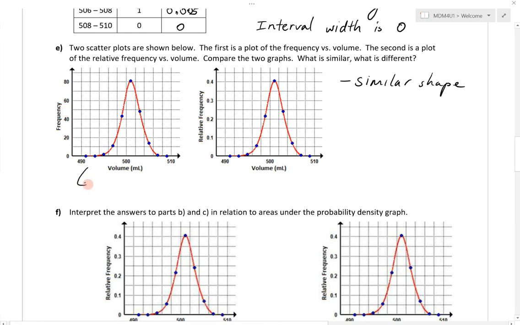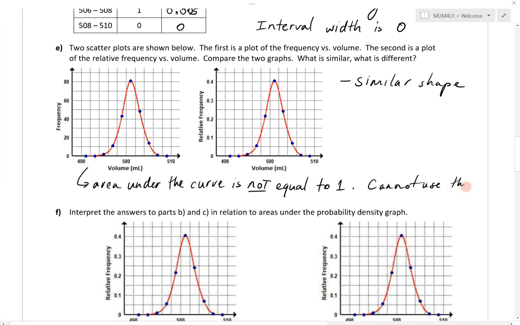So when it's not equal to 1, you cannot use this to find probabilities. Because remember, the probability is just the area under the curve.